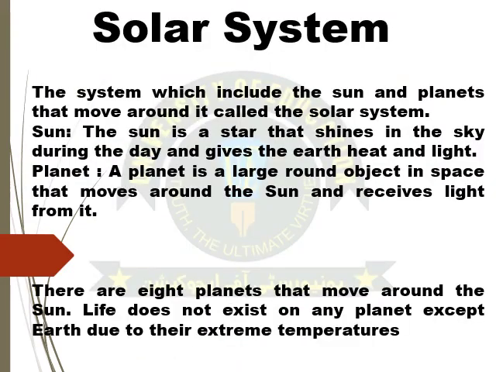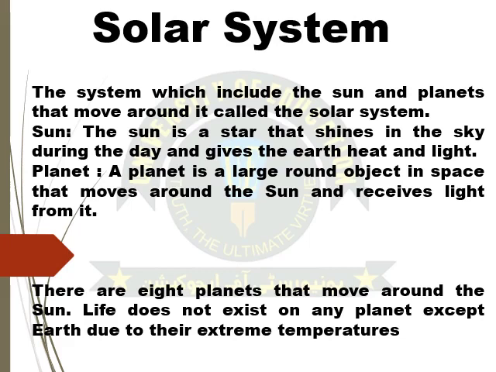Dear students, as you already know, the solar system is basically a system in which there is one sun and planets. All the planets move around the sun, and the whole system is called the solar system. Now we will discuss what is meant by sun.